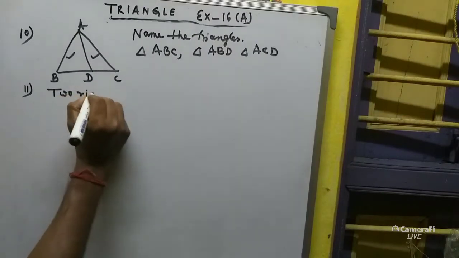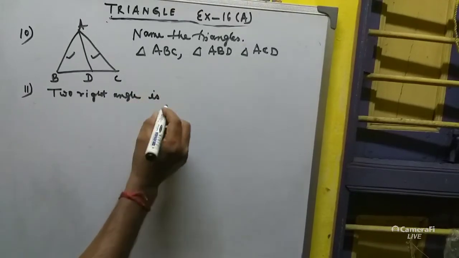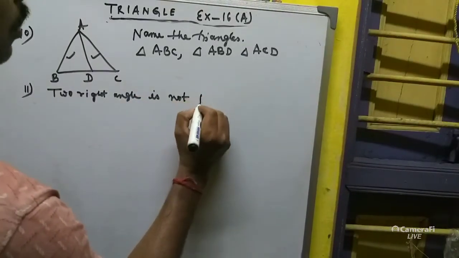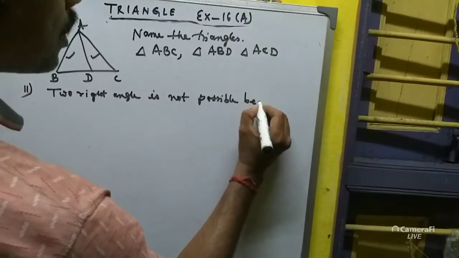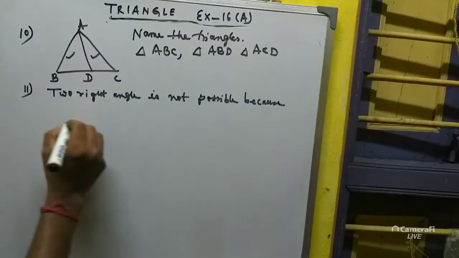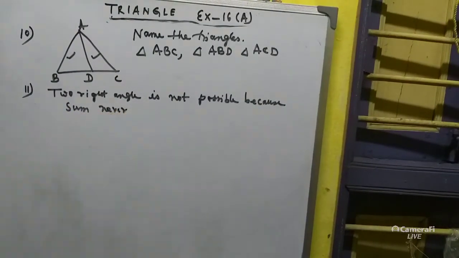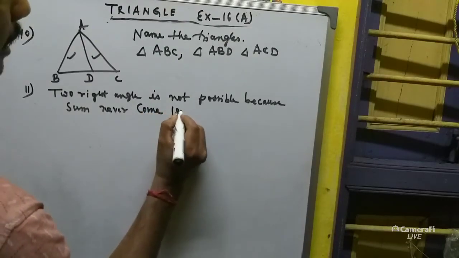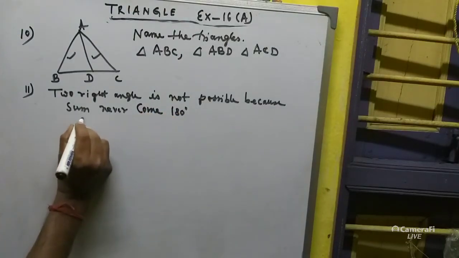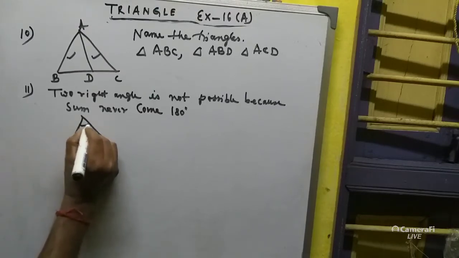Two right angles is not possible, because the sum can never come more than 180 degrees. Look, I'll draw a triangle, and this one is 90 also.